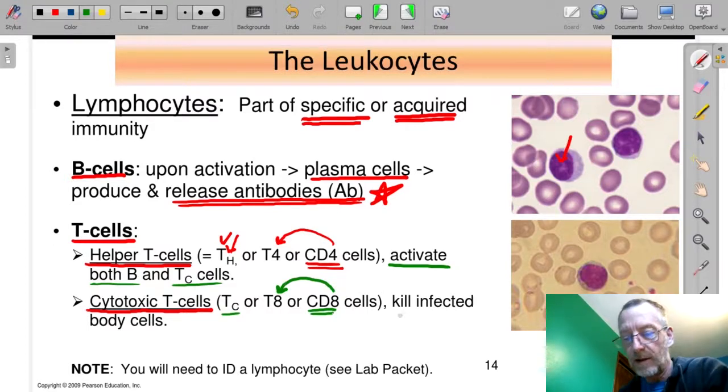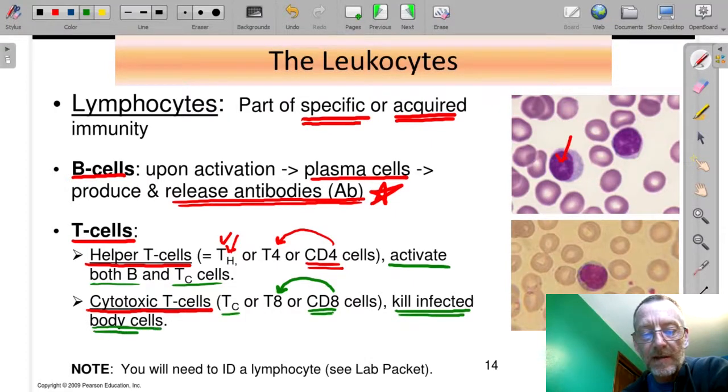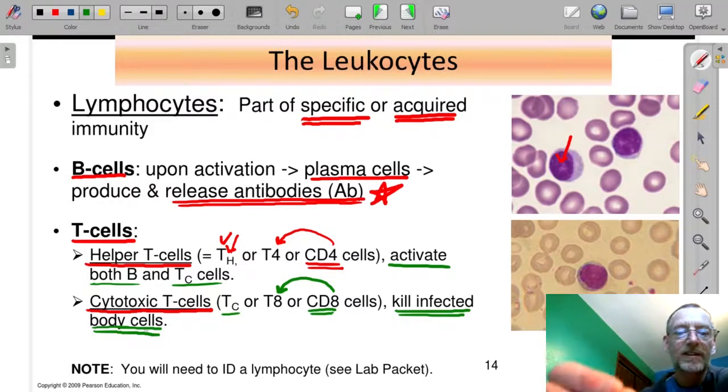And what's noteworthy is that these are the cells of your immune system whose job is to kill your own cells when they become infected with a virus. The virus is living inside your cells and you need to kill those cells and kill the virus. That's the job of the cytotoxic T cells.